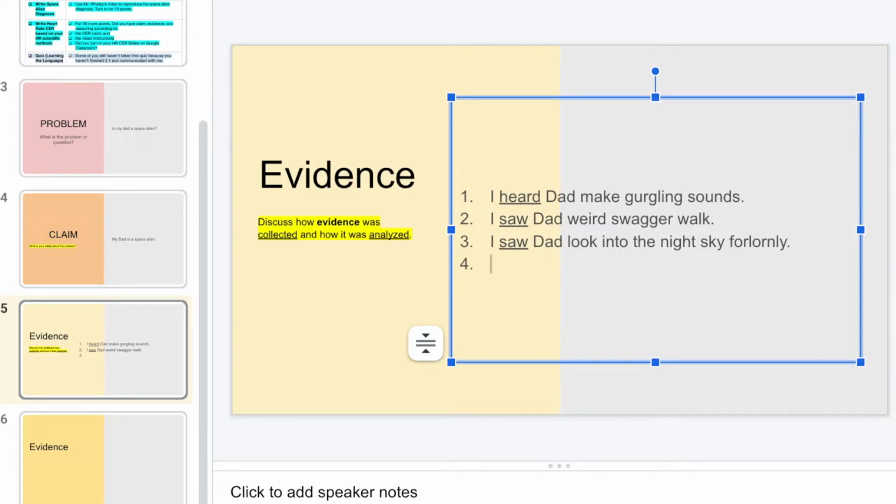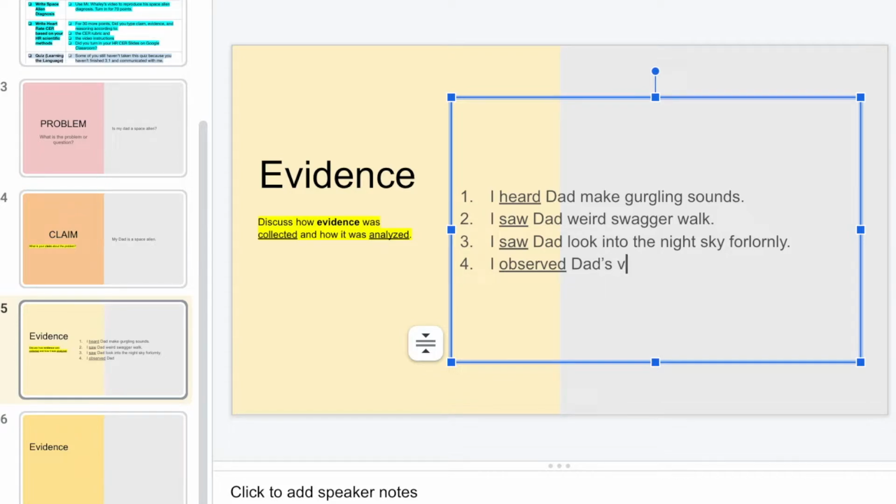New word, right? Forlornly. That means it's like you miss it. And so you have a look on your face of forlorn, like fond memories back then, but I really miss those.